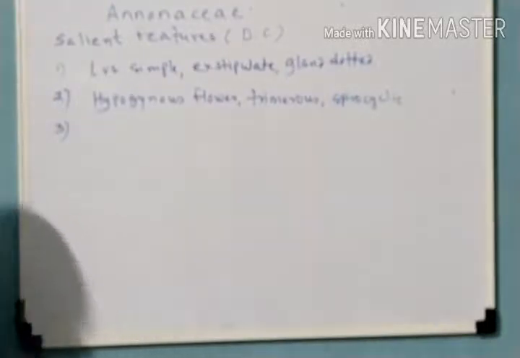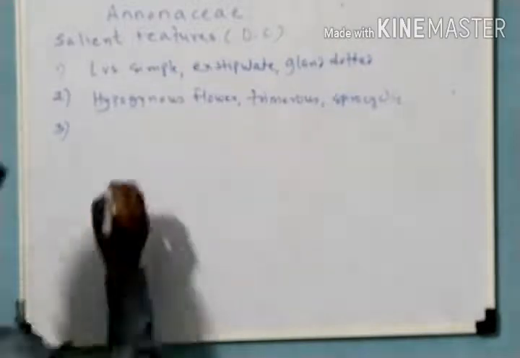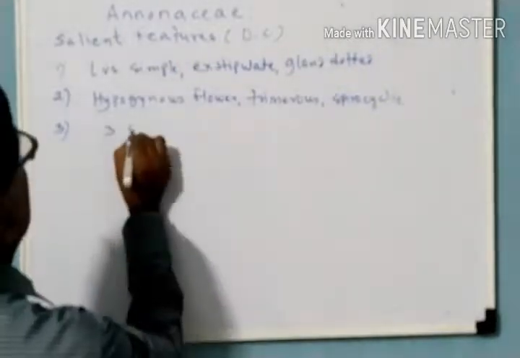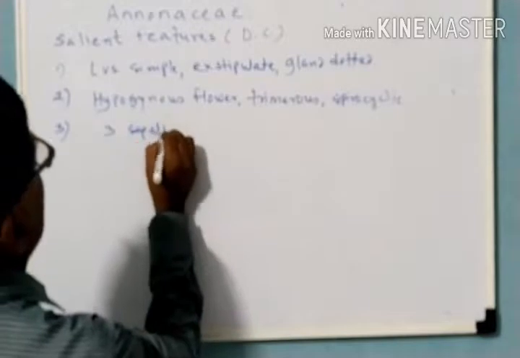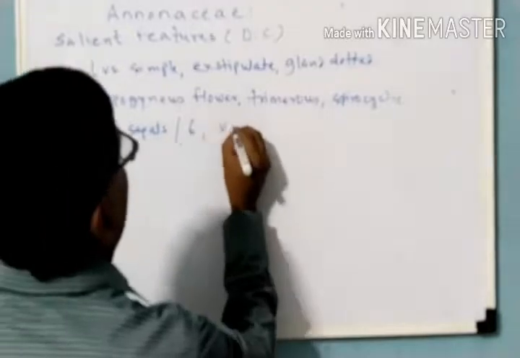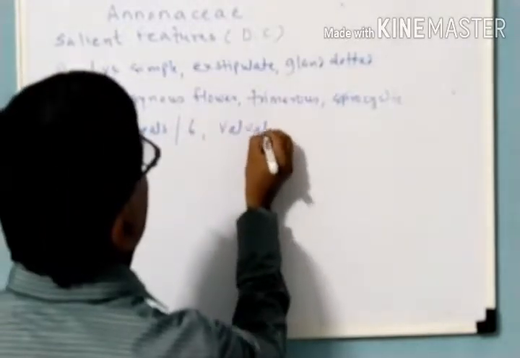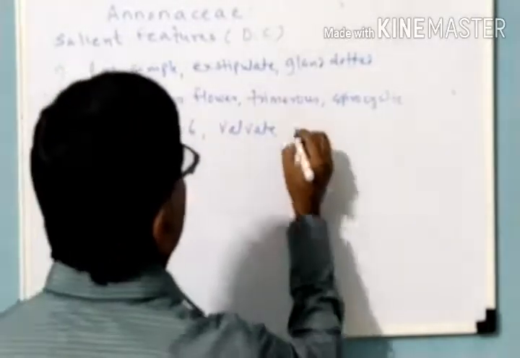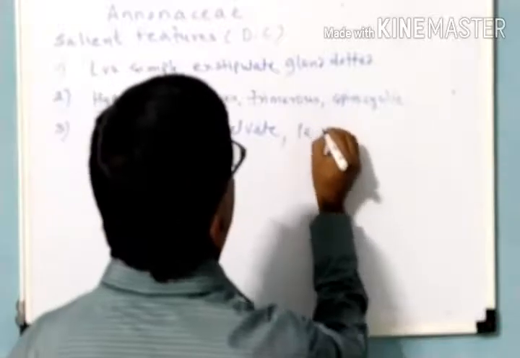The third distinguishing character of this particular family is there are 3 sepals, sometimes they may be 6, they are valvate, aestivation is valvate, and they are persistent.